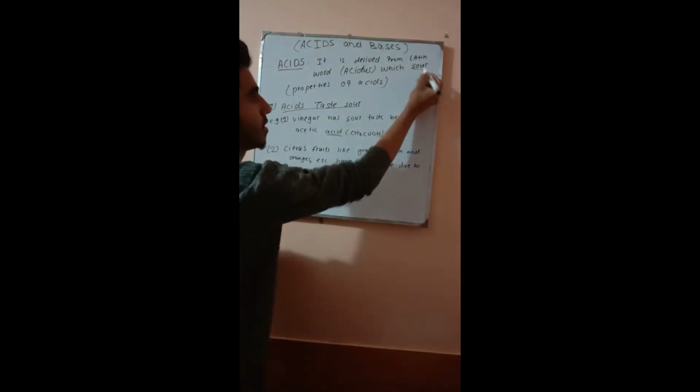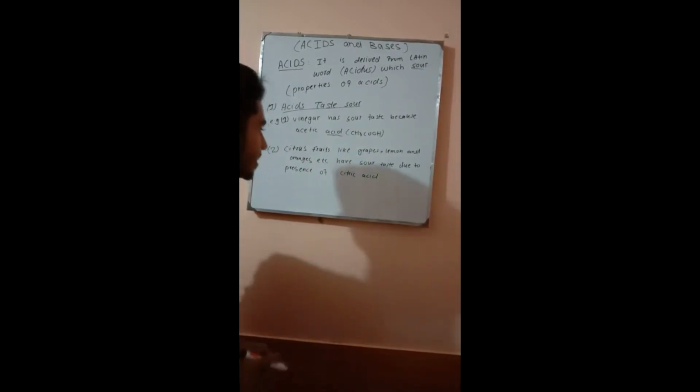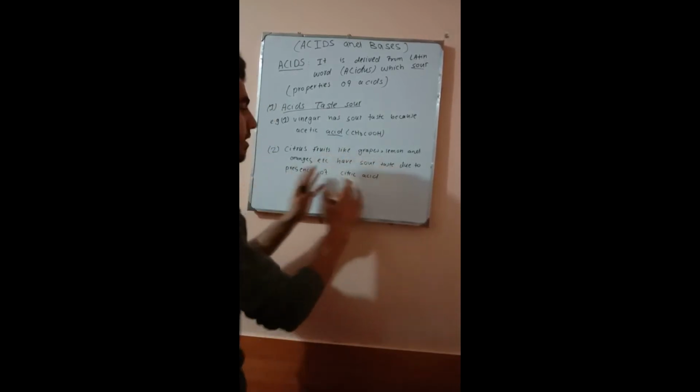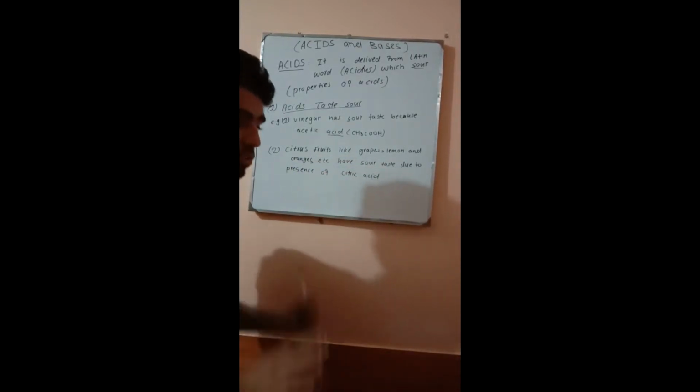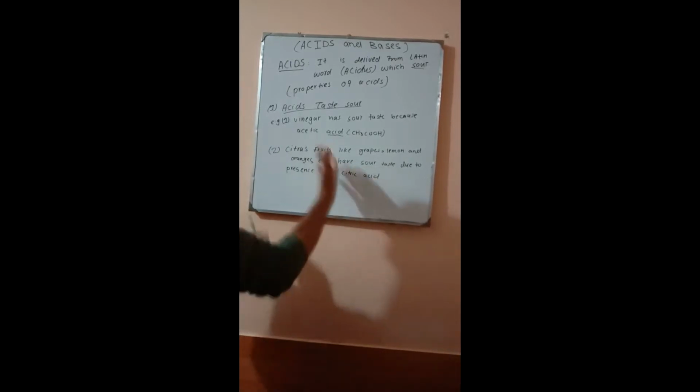So citrus fruits like lemon, grapes, and oranges have a sour taste due to the presence of citric acid, and vinegar also has a sour taste due to acetic acid.